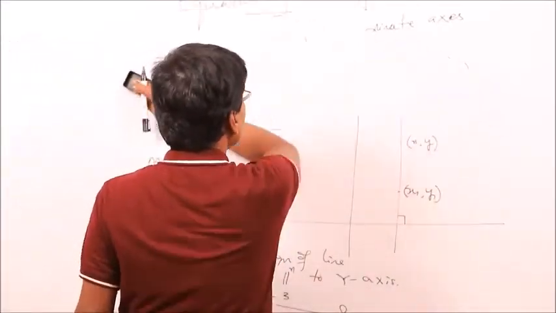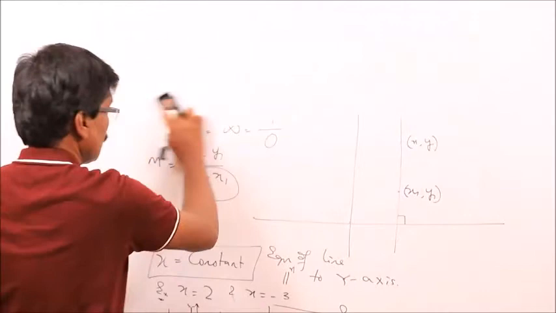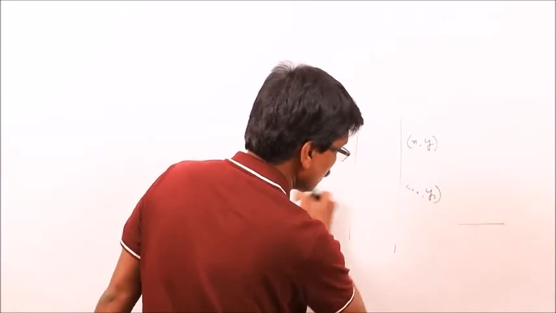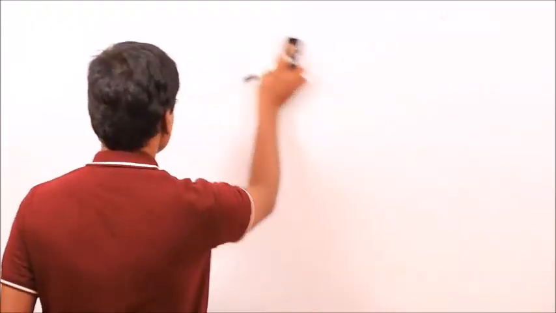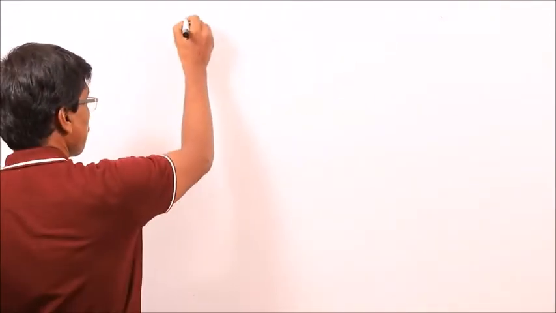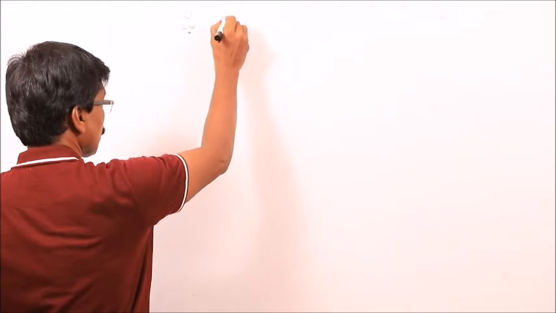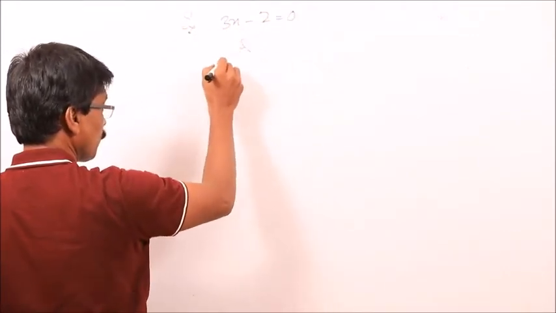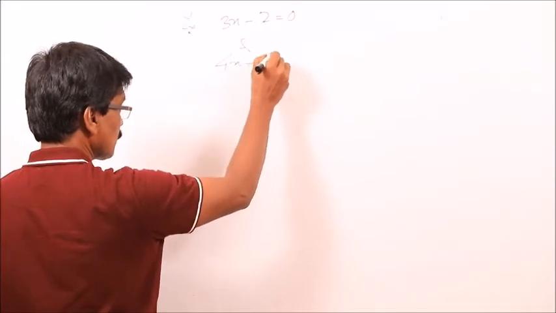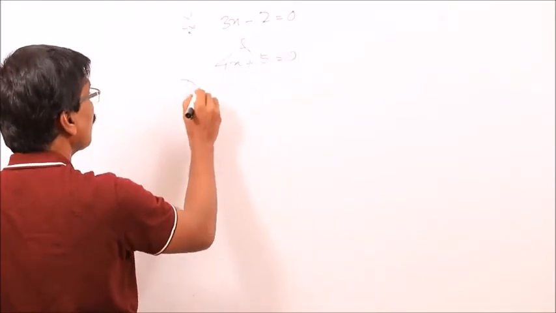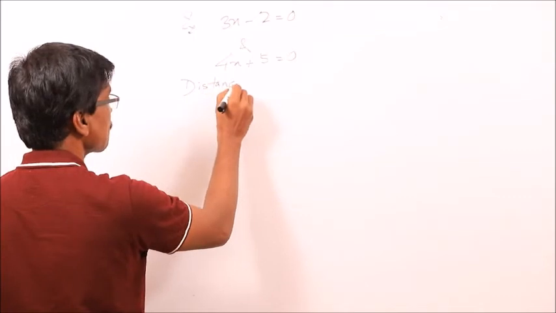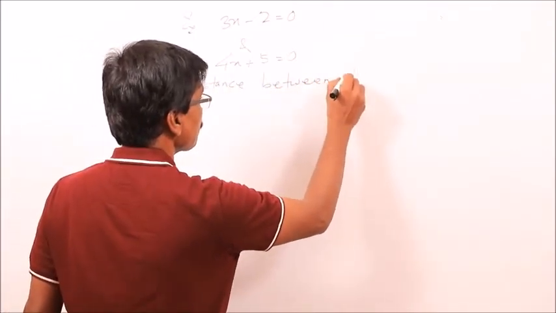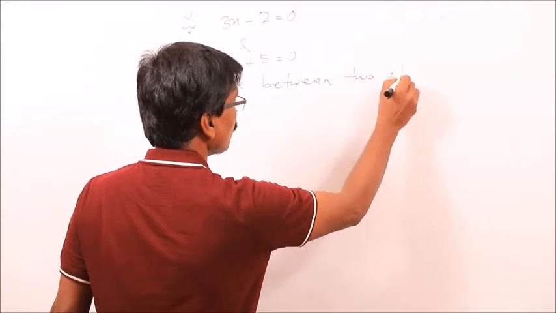Take one more example. Suppose we have two lines, that is 3x minus 2 is equal to 0 and 4x plus 5 is equal to 0, and we want the distance between the two above lines.